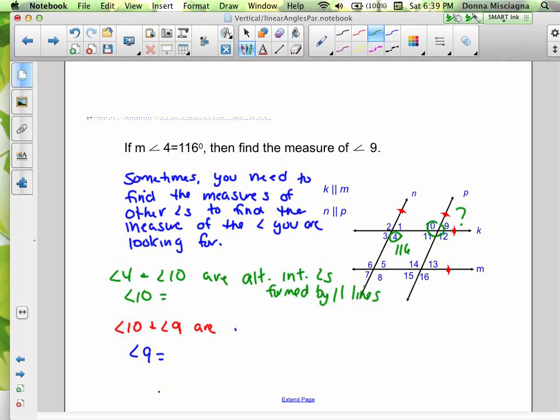And of course, alternate interior angles formed by parallel lines are congruent. So that means angle 10 is also 116 degrees.